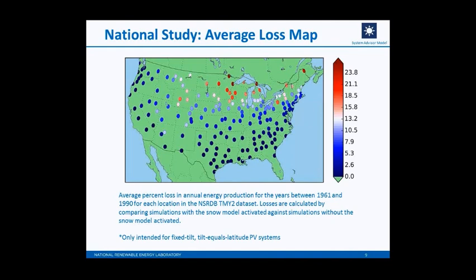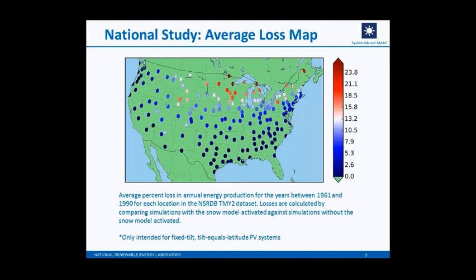And this actually helps because one would expect a lot of snow losses in the northern states of the country. Since these are the states with higher latitudes, they're also going to have higher tilts, which will speed up the snow removal process.